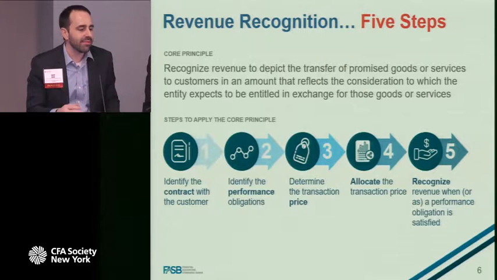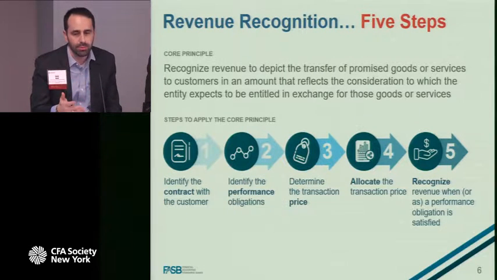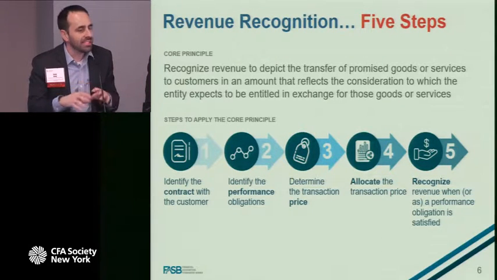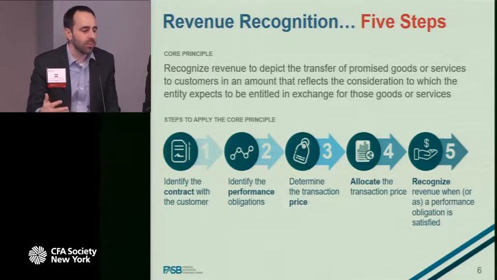So you recognize revenue to depict the transfer of goods or services to a customer in an amount that reflects the consideration that you'll receive for those goods or services. So seems very, very straightforward and simple. But then when it's applied to different transactions, that's when it becomes a little bit more complicated. And so the board developed 5 steps to apply that core principle.